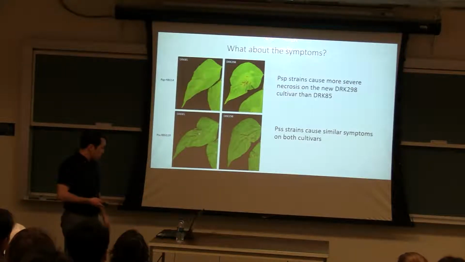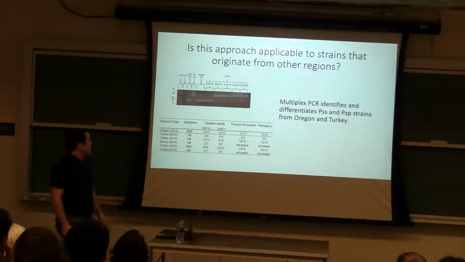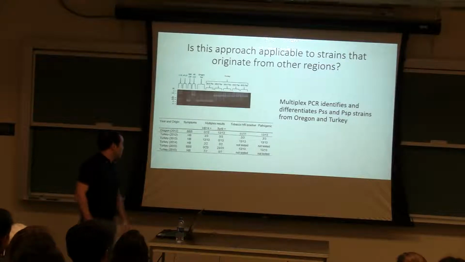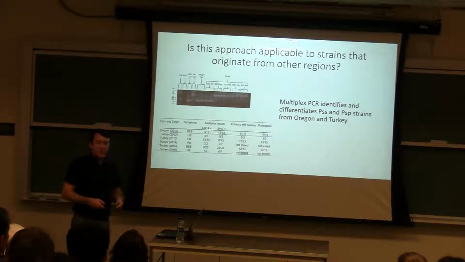So, is this applicable to strains from outside of Wisconsin? Yeah, this works pretty well. As part of my work, I get samples from different people that we work with or that know Bob and want to have a good diagnosis on some symptom that they're seeing.